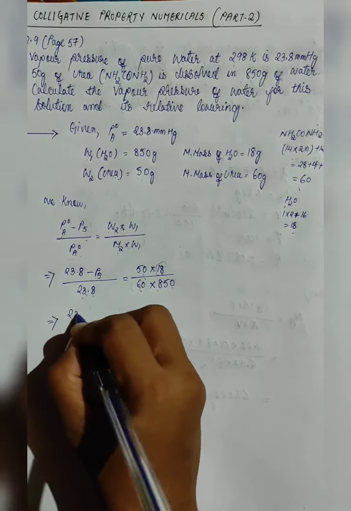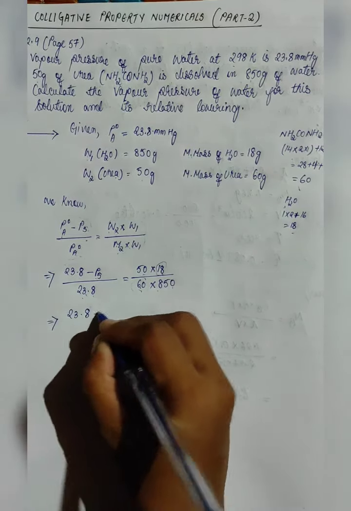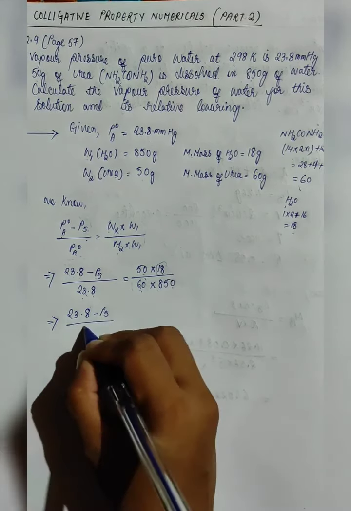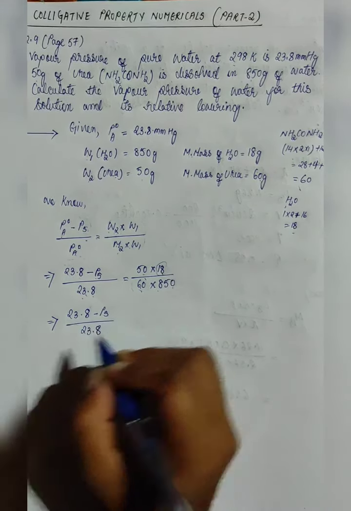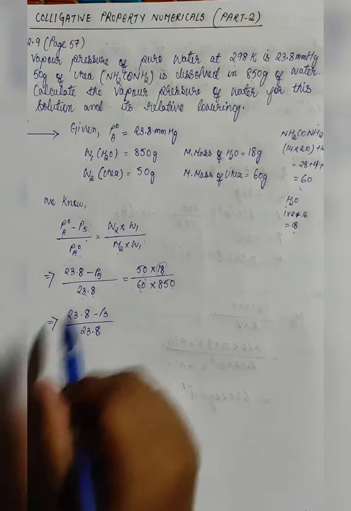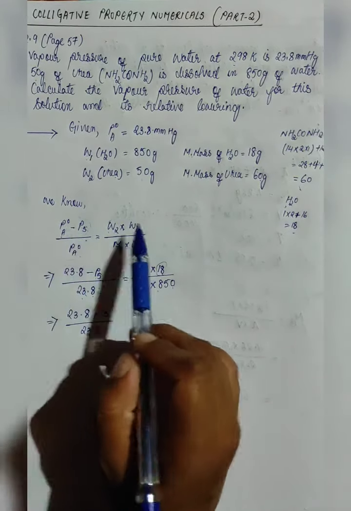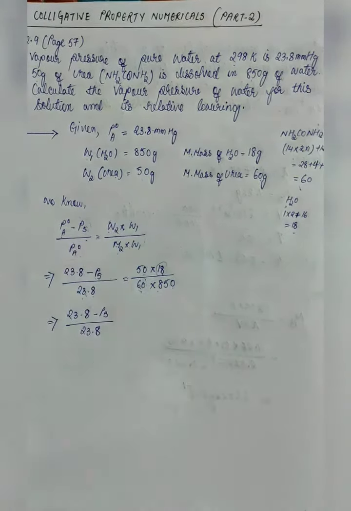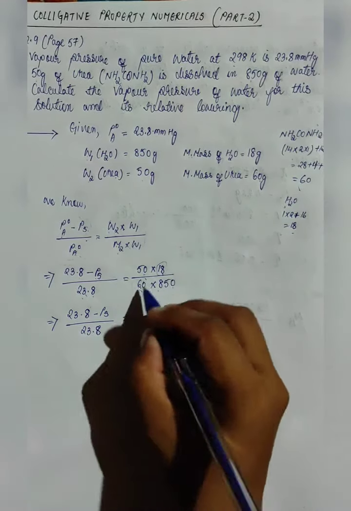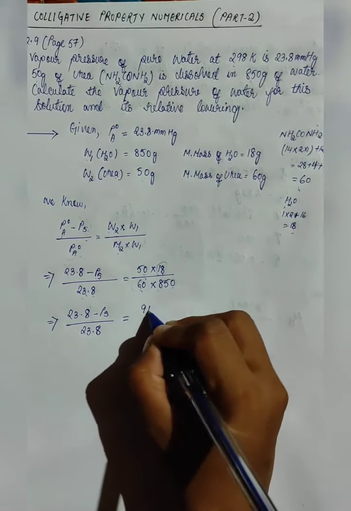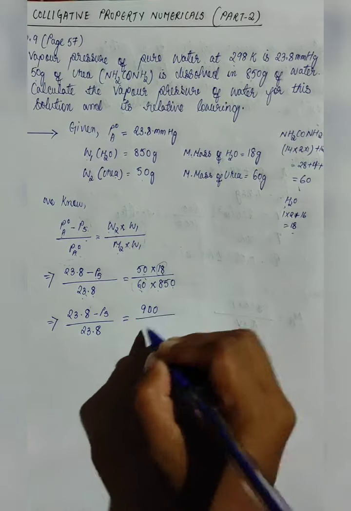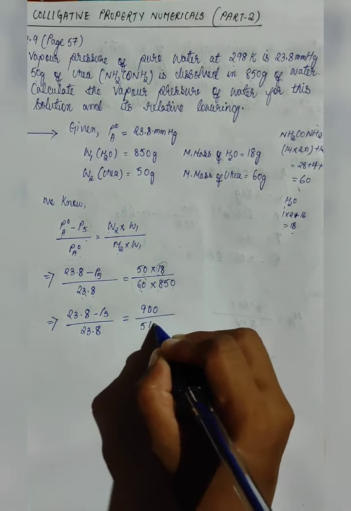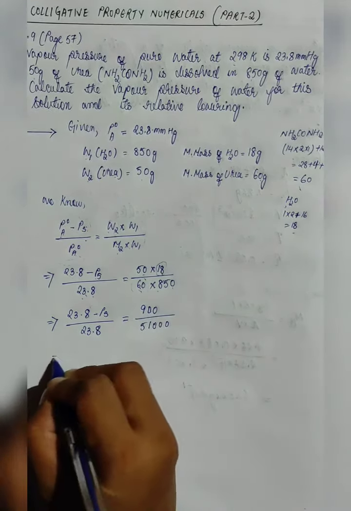Now, upon calculation, don't get confused that this is a relative lowering of vapor pressure and this is the mole fraction. So here, after multiplication, we'll get 51000.